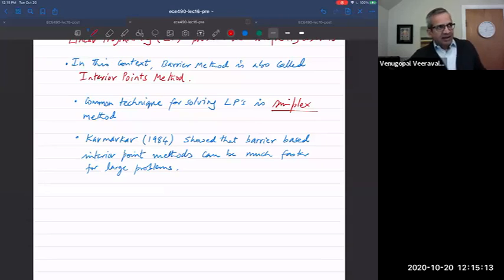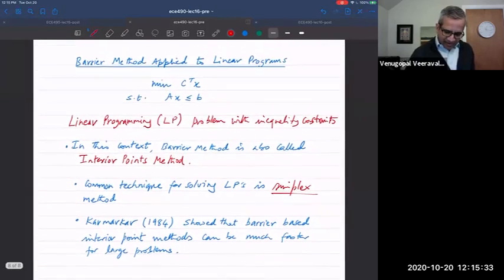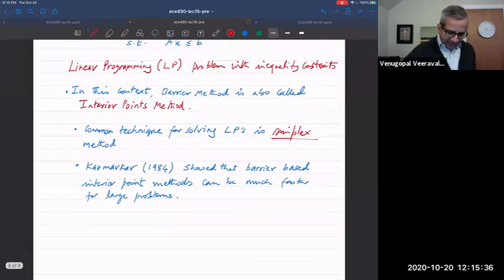You can write those things as large linear programs, and for large linear programs, the simplex method turns out to have high computational complexity, whereas the barrier method turns out to be much faster. And so that's how they became popular. If you want to read more about that, there are lots of articles about Karmarkar and his algorithm that you can find on the web.